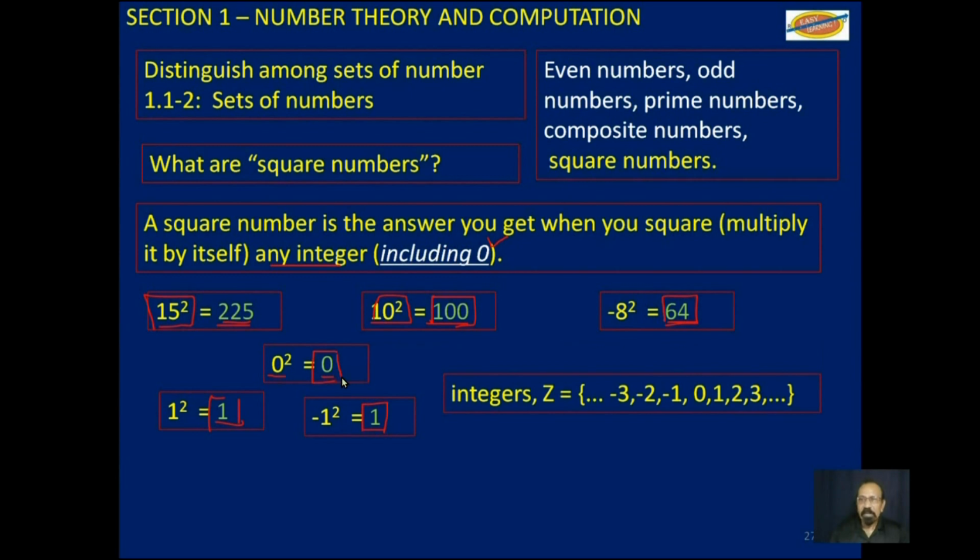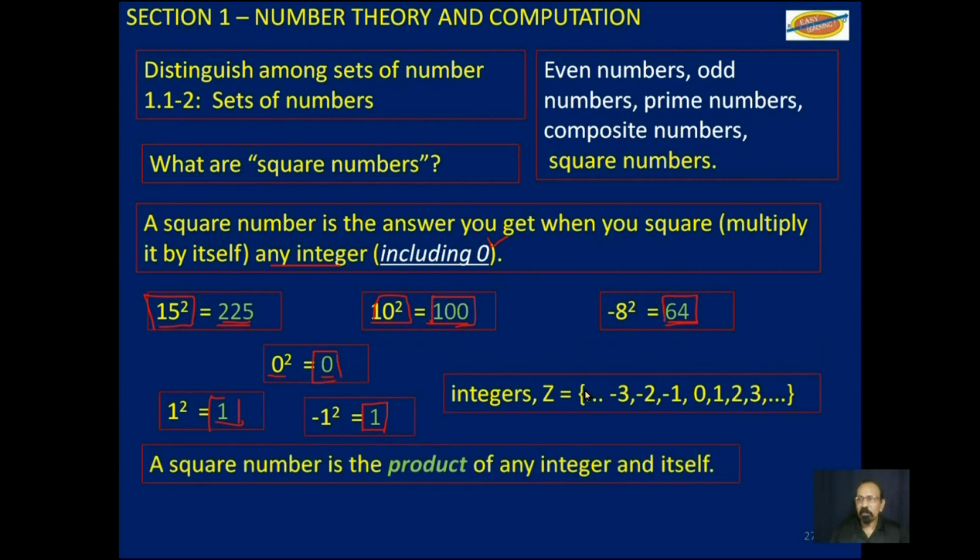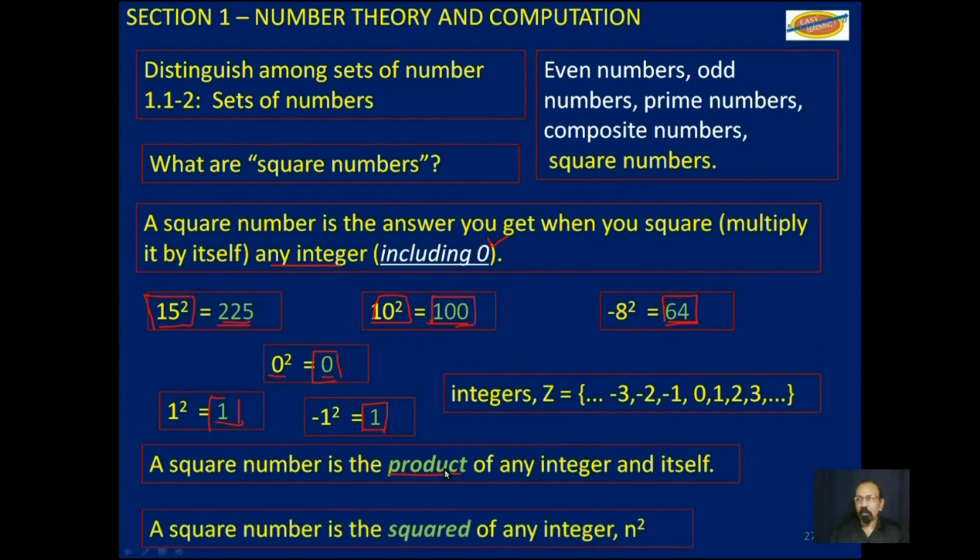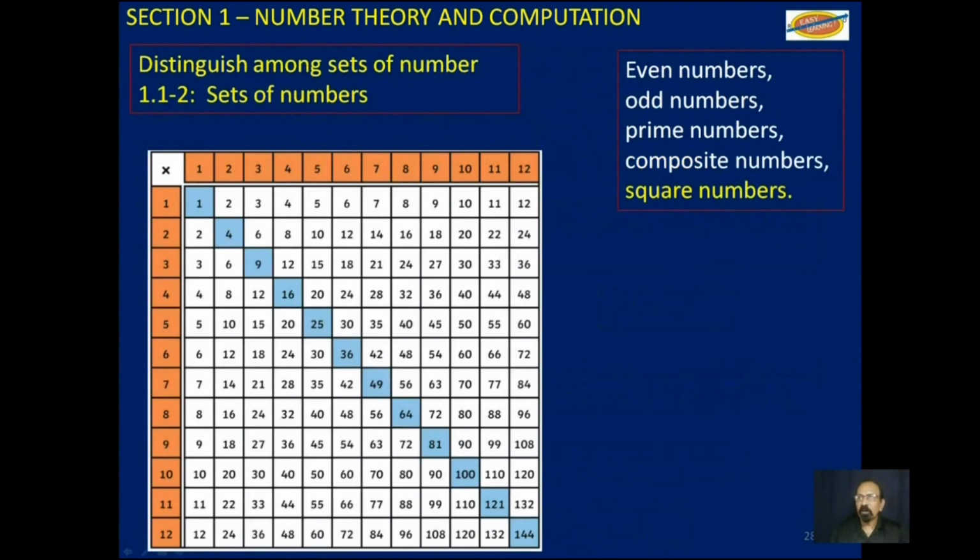Now you take any integer and you multiply it by itself, you will get a square number. Or another way to put it is a square number is the square of any integer, n squared. Now if we look at this times table here, we begin at 0 at this point and we come straight down and across like that arrow.